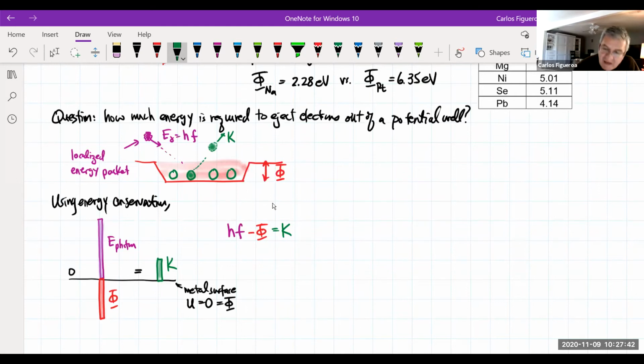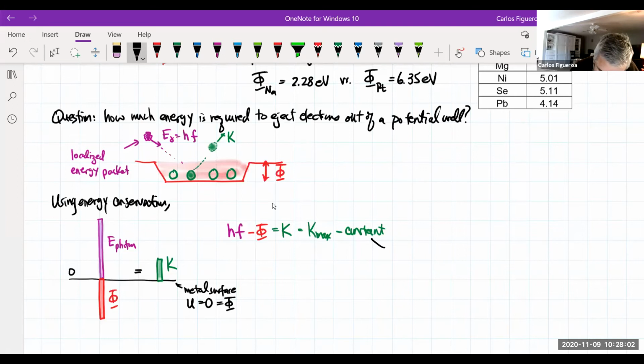Now we've got to be careful here. What you're going to find is that this kinetic energy is going to turn out to be something like K max minus some constants. And I'm going to draw some pictures here in a moment.